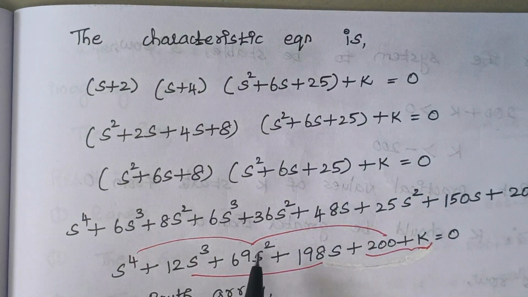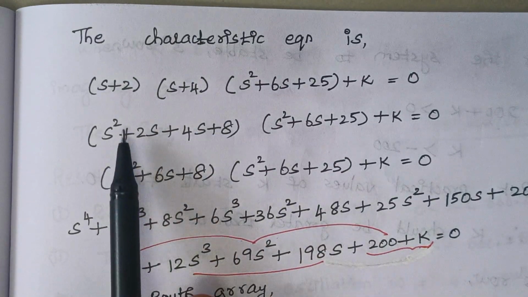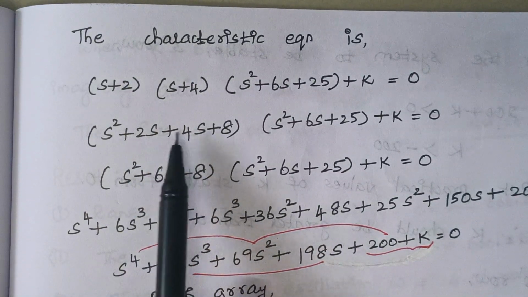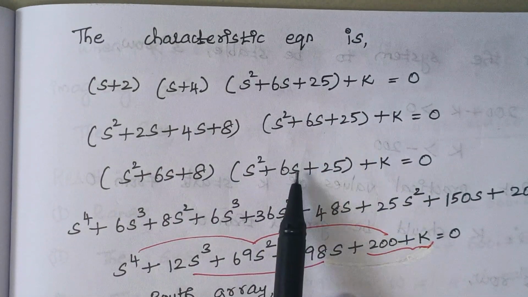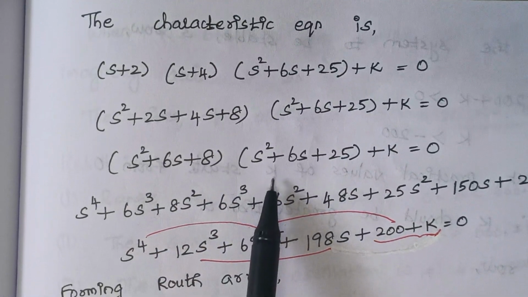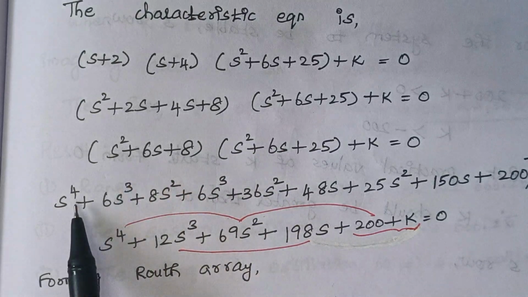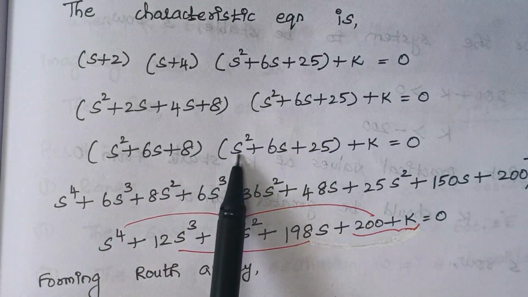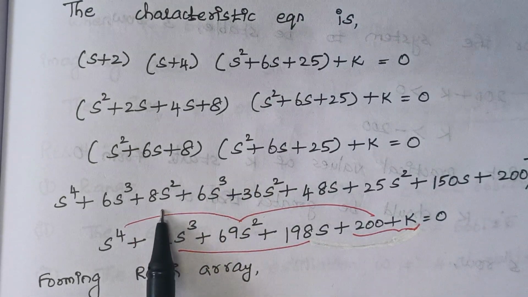Now I am going to multiply these two terms again. Here s square plus 2s plus 4s is nothing but 6s, plus 8, and this term as such. Now we multiply these two terms. s square into s square gives s to the power 4, s square into 6s gives 6s cube and s square into 8 gives 8s square.